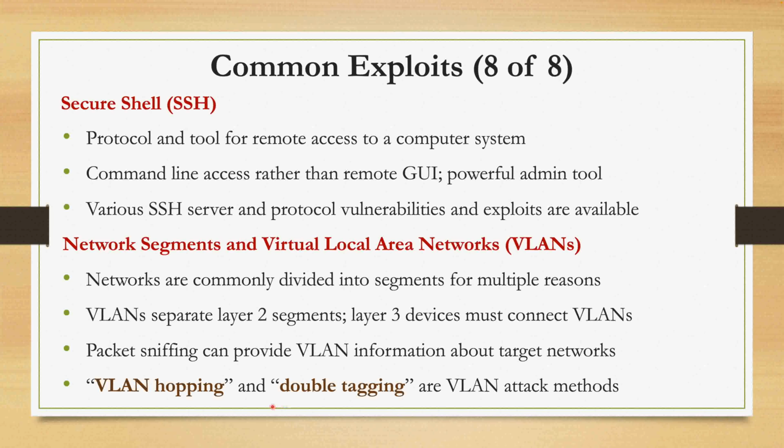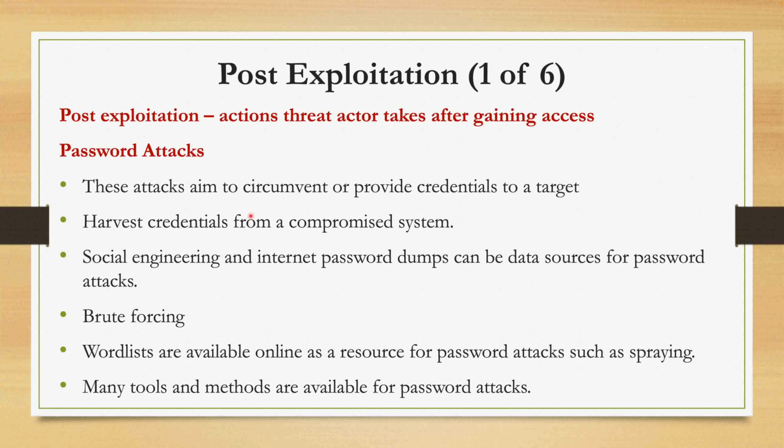Now, these attacks are very serious because attackers can compromise network isolation, enabling them to move, literally, and access otherwise restricted areas here. Okay, so we finished the common exploits.